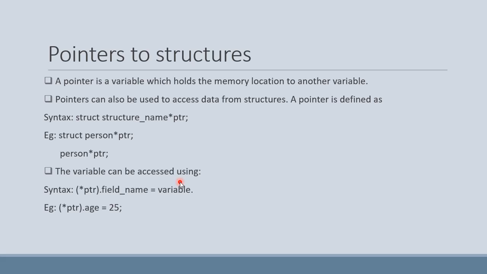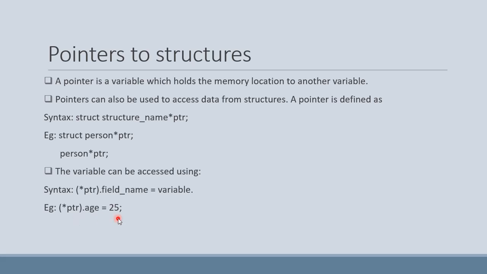Now the variable can be accessed such that inside a parenthesis you give star followed by the name of the pointer which you have already defined, dot, the field name, is equal to the value. For example, if PTR is a pointer to the structure person, then without invoking the structure name person, you can say inside the parenthesis star PTR dot age is equal to 25.